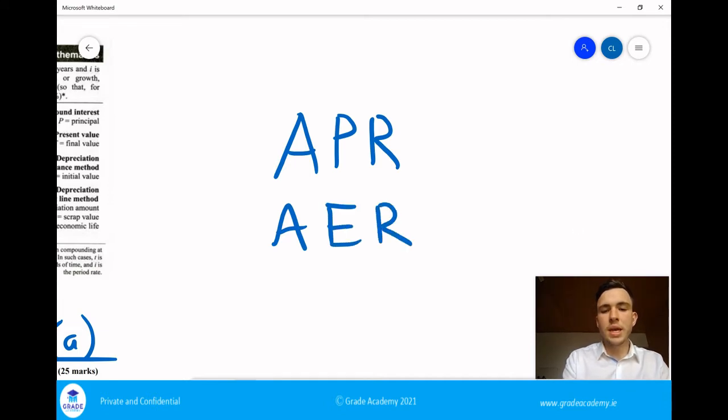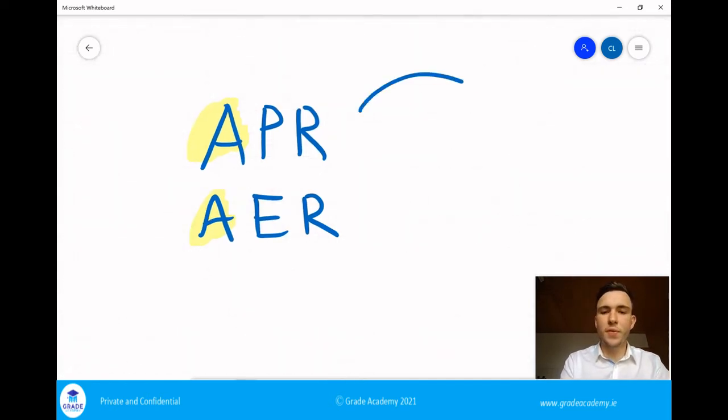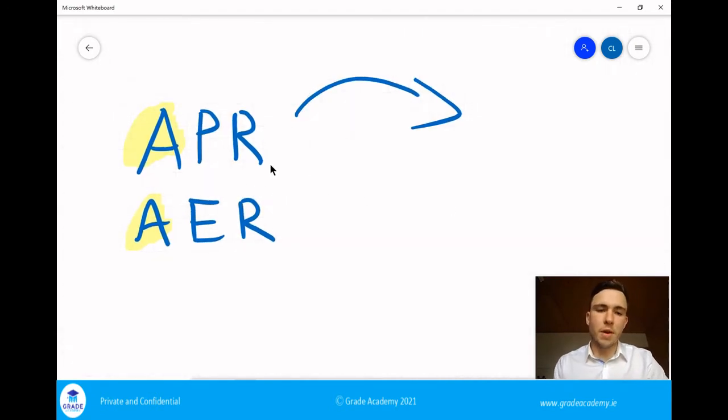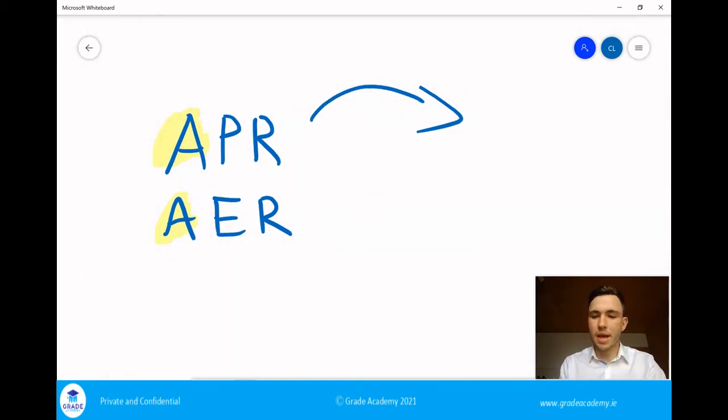So these are interest rates that are compounded yearly, okay? Because these A's represent the word annual, so they are compounded yearly. Well, what happens if we were asked to convert our APR or our AER into an interest rate that's compounded monthly or weekly? So that is something that we have to be able to do.